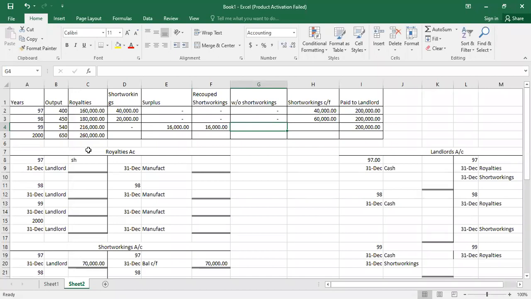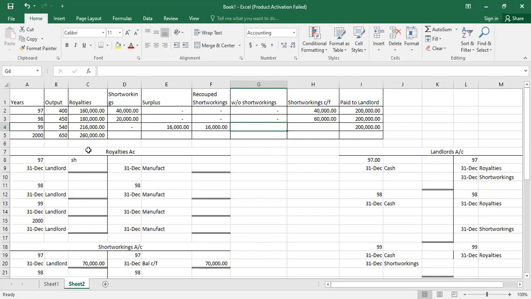Part C is saying, should short workings arise in any year, a right to recoup such short workings in the following 2 years. Yes. So we had 44. Why 44? Because it is only year 97 that has attained that condition.